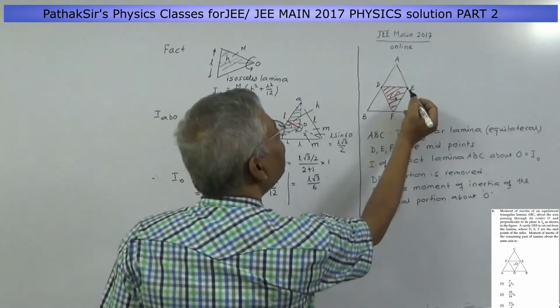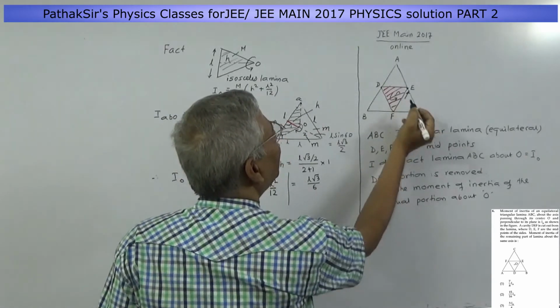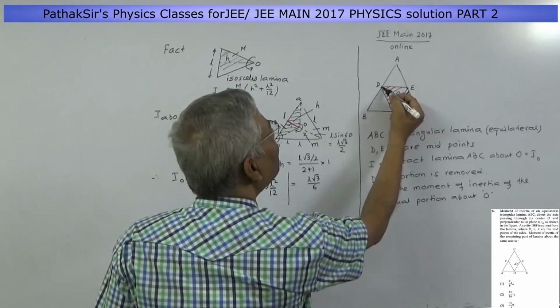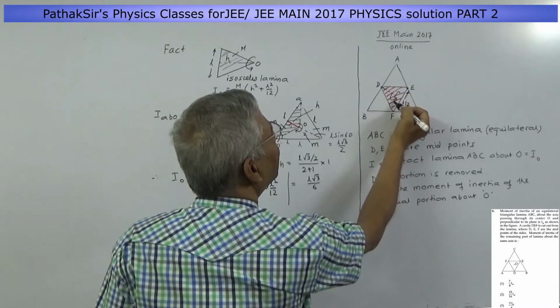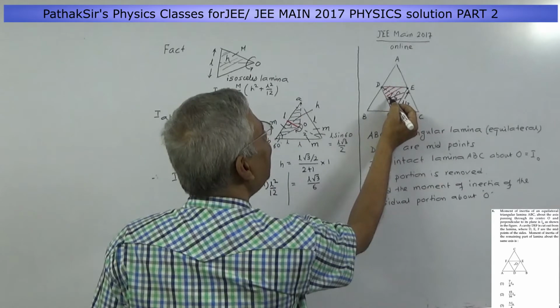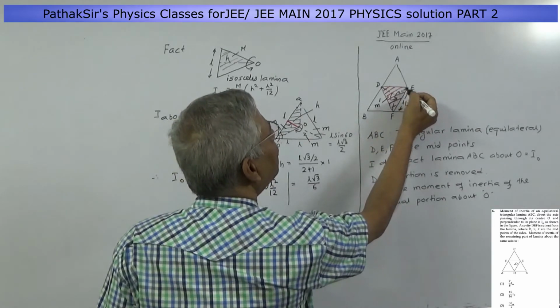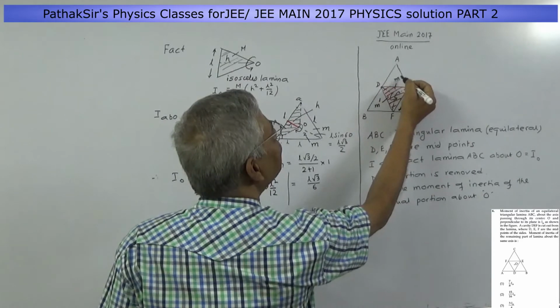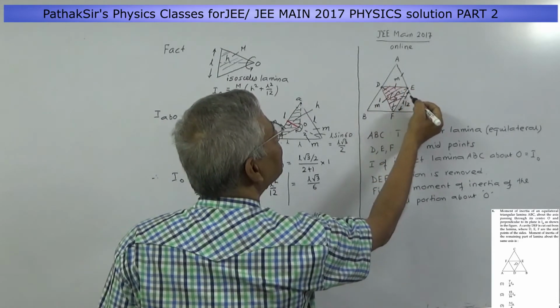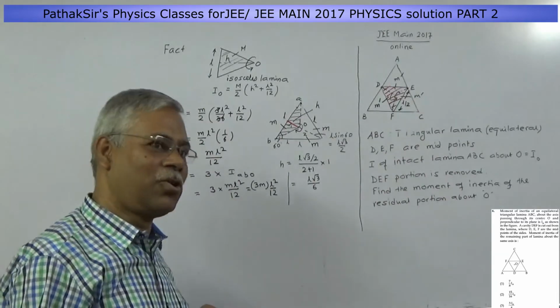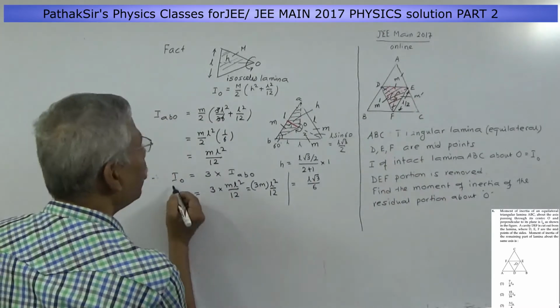What is the length of one side for this? L by 2. And take the mass of this as m dash. We have three such triangles, m dash, m dash.